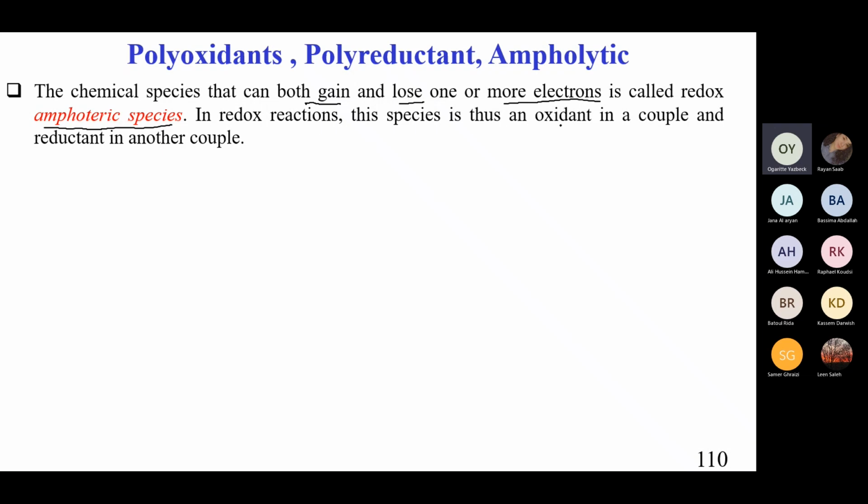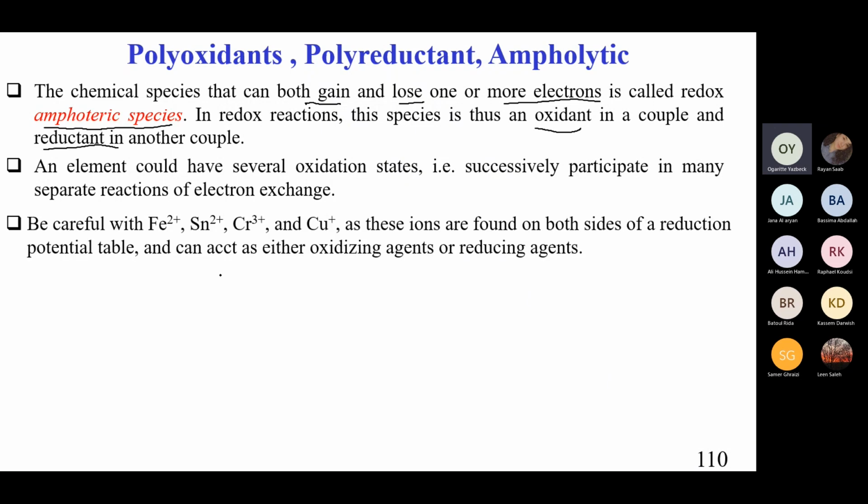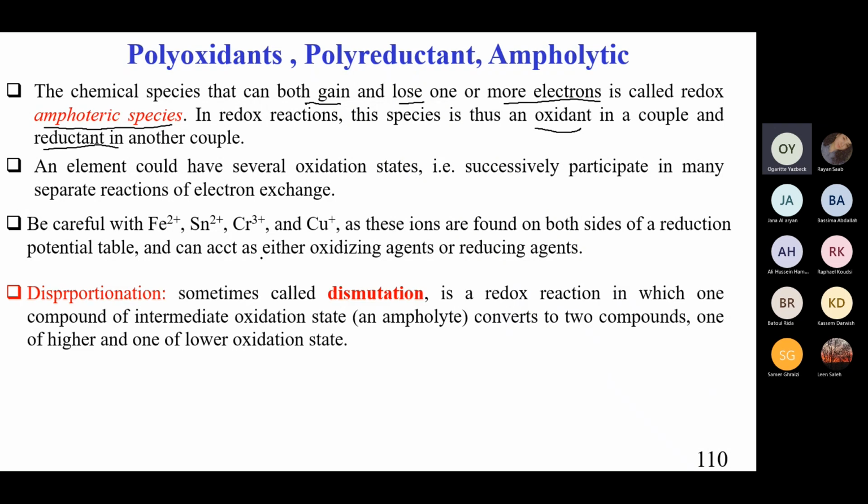This species is thus both an oxidant in one couple and a reductant in another couple. So this species can have several oxidation states and successively participate in many separate reactions of electron exchange. Examples of such species are iron, tin, chromium, and copper. And we're going to see how some of them act as both oxidizing agents and reducing agents.